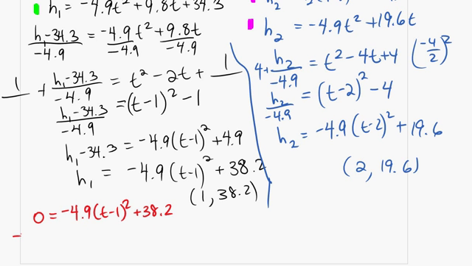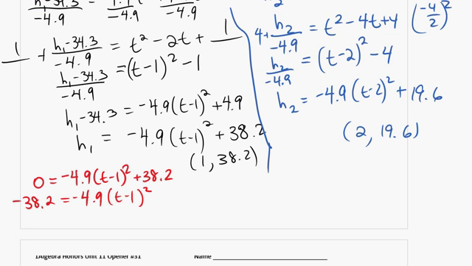So subtract 38.2 from both sides. And then divide both sides by negative 4.9. 7.796.